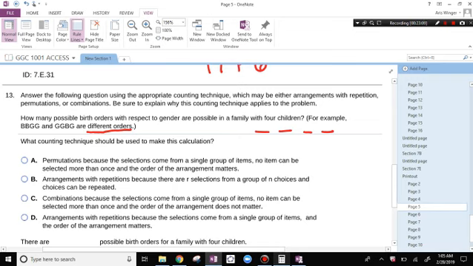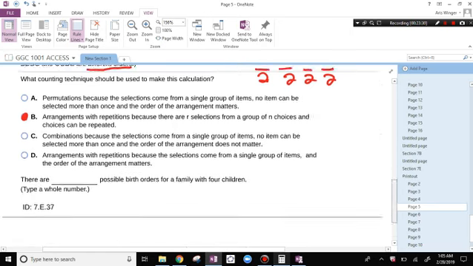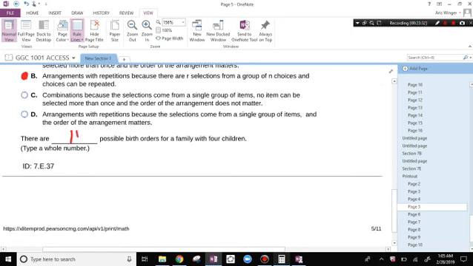And it looks like you can definitely repeat with the B's and G's. So 2 choices here, 2 choices here, 2 choices here, 2 choices here. You can repeat, so it's definitely arrangements with repetition. And you just go ahead and multiply. So 2 times 2 times 2 times 2 is 16.